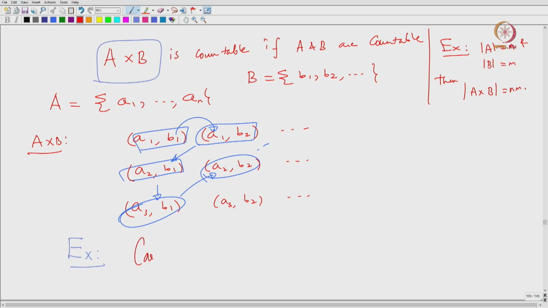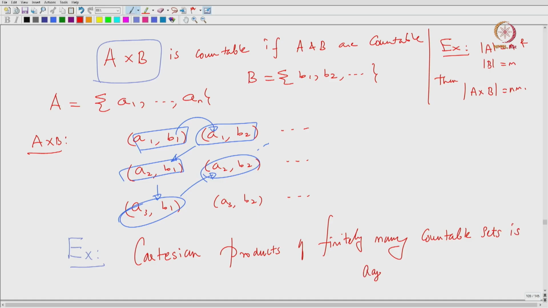Cartesian products of finitely many countable sets is again countable.